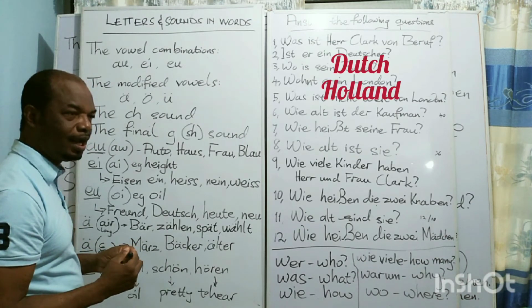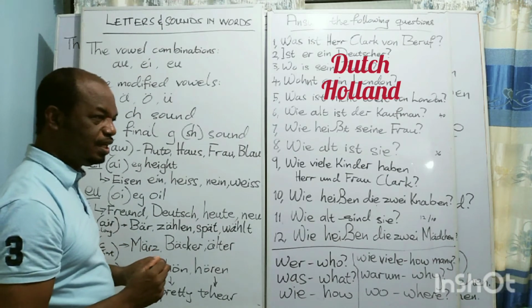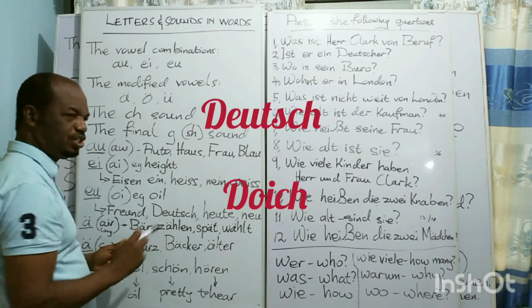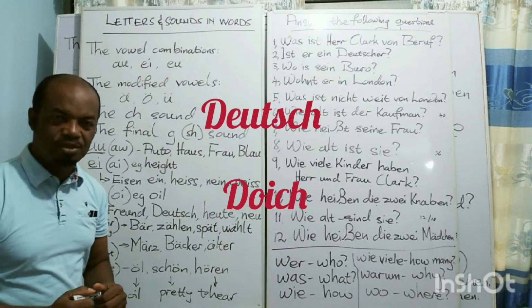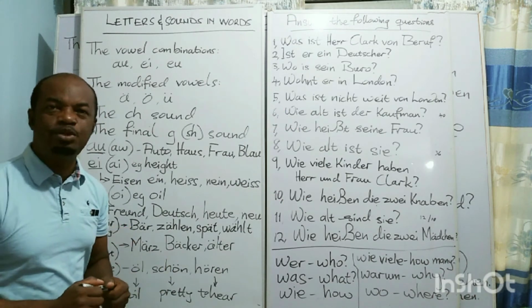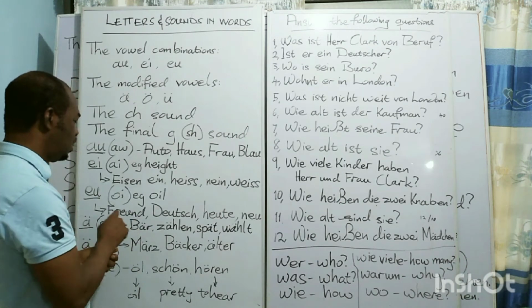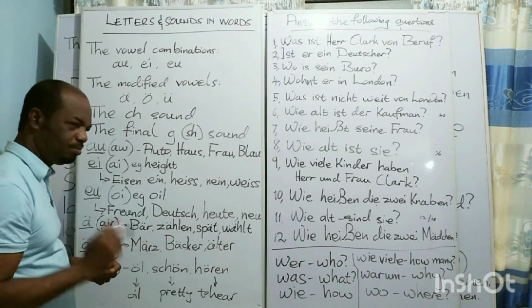Dutch is the Holland language. The Holland people are the Dutch, D-U-T-C-H. And the Germans are Deutsch. So pronounce it Deutsch. We are now learning German, Deutsch, here in Ghana, West Africa. So Deutsch, bear that in mind.